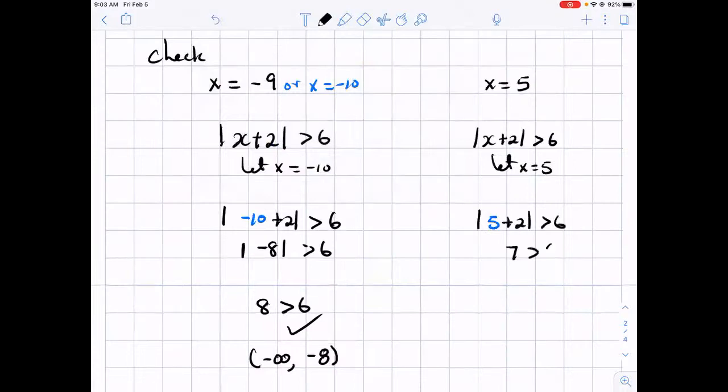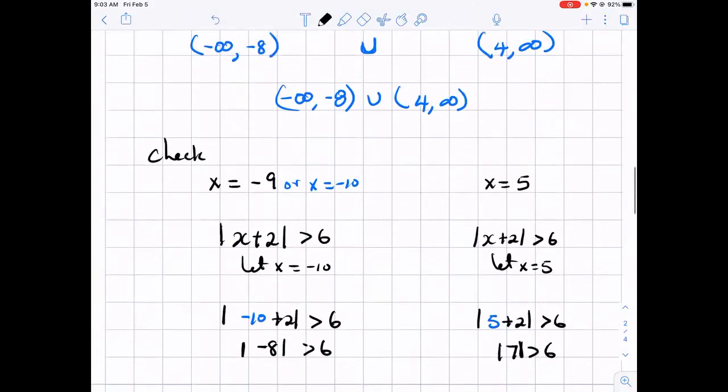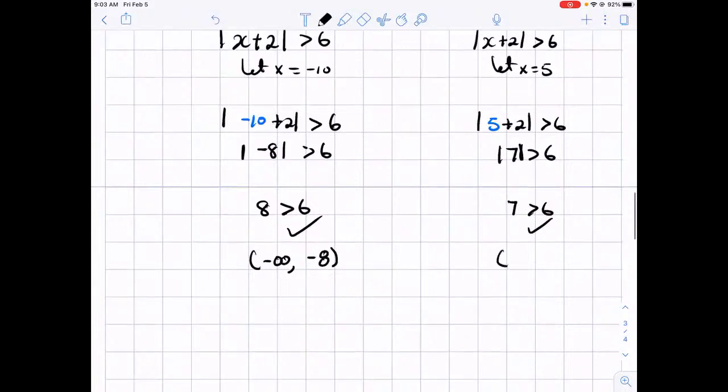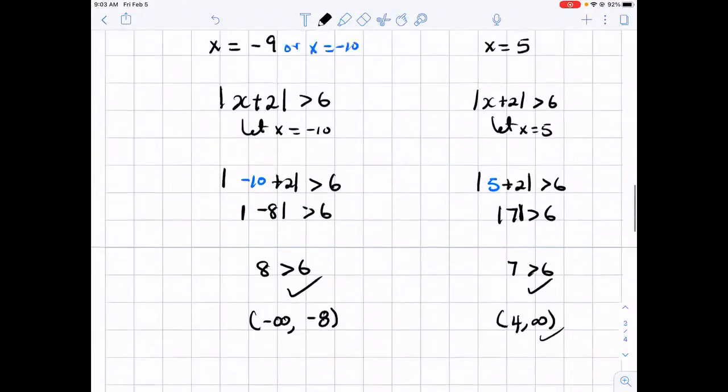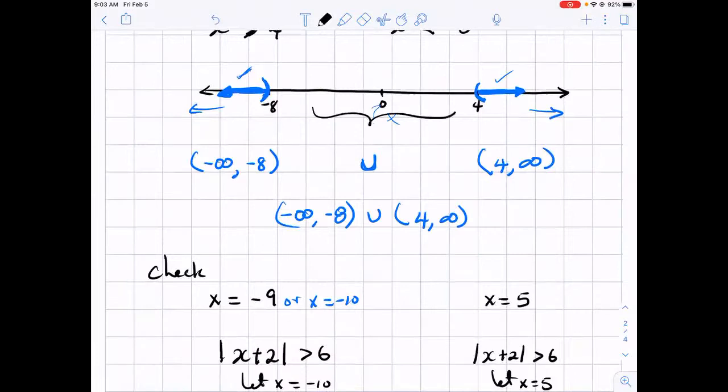So we have the absolute value of 7, and the absolute value of 7 is greater than 6. This is true. So it means that that region 4 to infinity also checks. Now, what happens if you try a number anywhere in here? Anywhere in there, you will see that that becomes false.